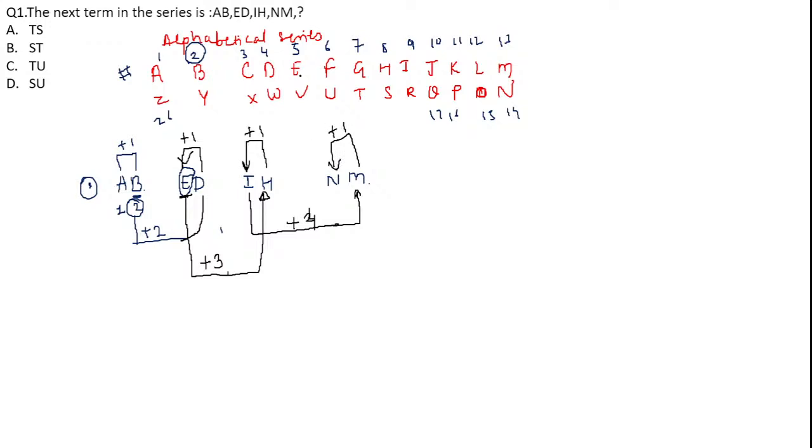Now like we saw, we added plus 3, and before that we added plus 1. So there is a difference of 2. So these are odd numbers.